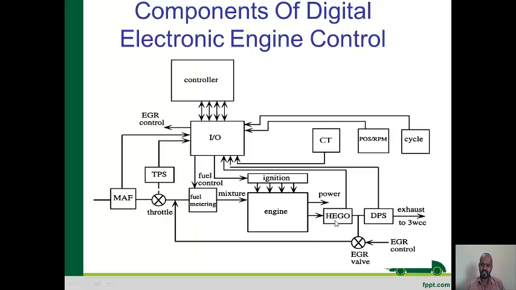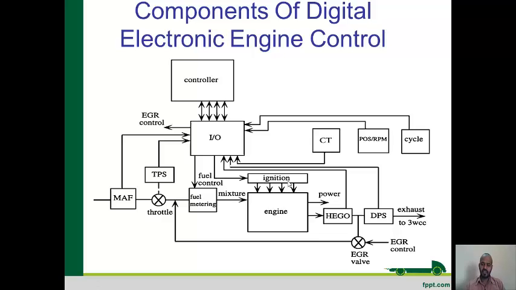And heated exhaust gas oxygen sensor, differential pressure sensor, cycle is nothing but the camshaft sensor, position is nothing but the crankshaft speed sensor, coolant temperature sensor, EGR control. So based on these input sensors, the fuel metering, EGO, and whatever the other actuators, everything will be controlled.